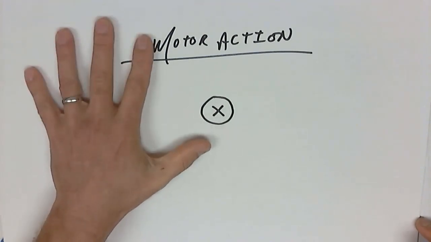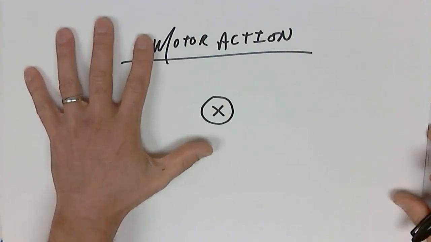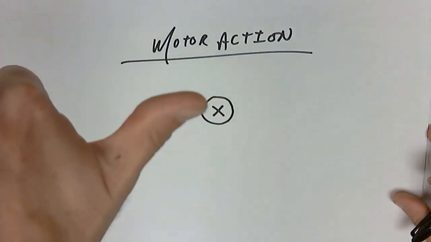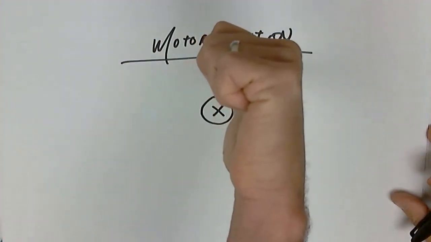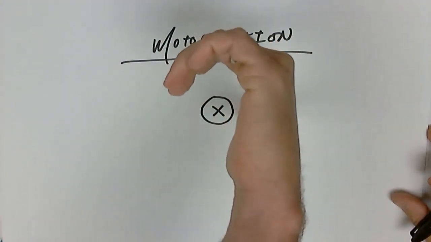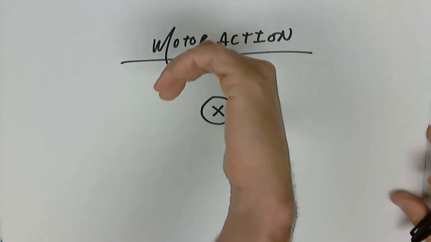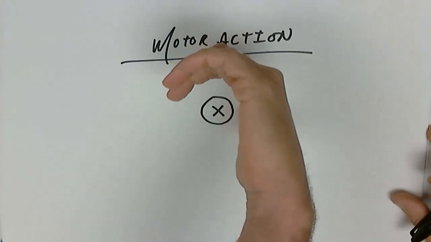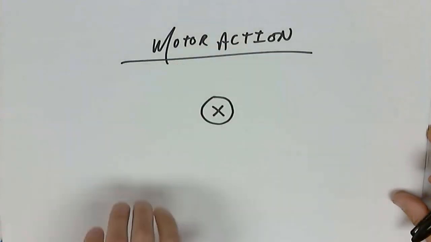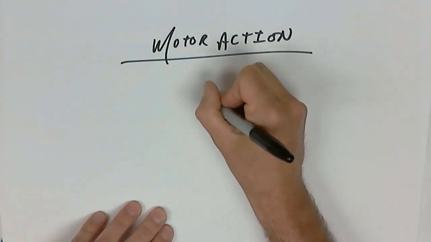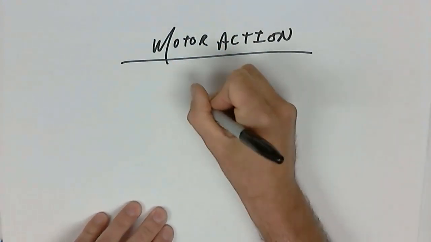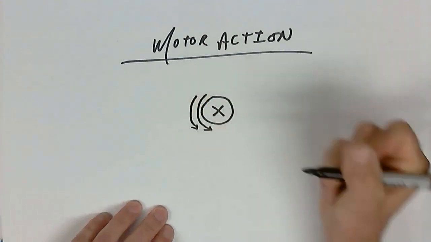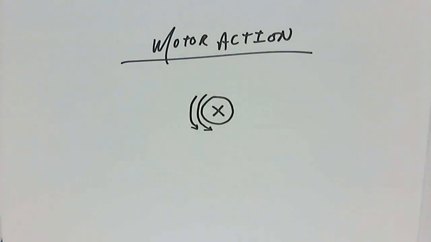The fingers point in the direction of the magnetic flux. And so the thumb has to point into the page like that. And then really what we're doing is we're wrapping our fingers around it like this. And so what that means is that the magnetic flux is traveling in this direction.